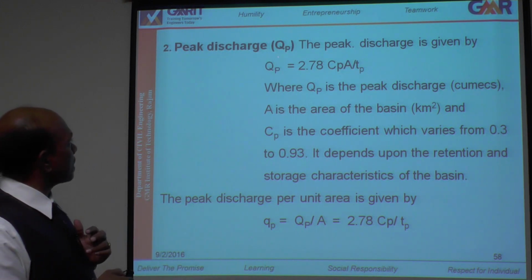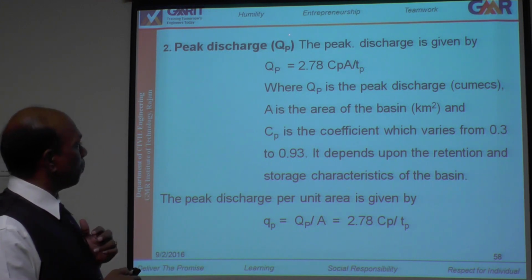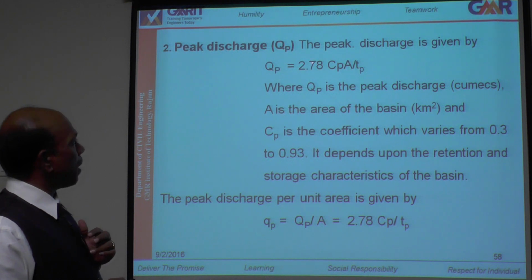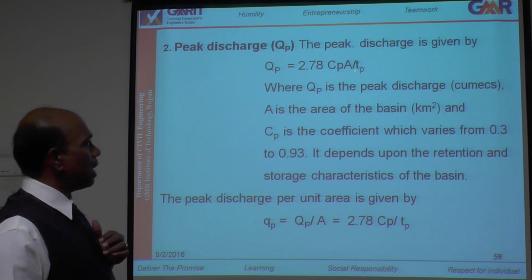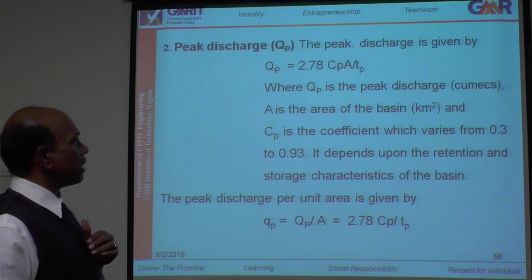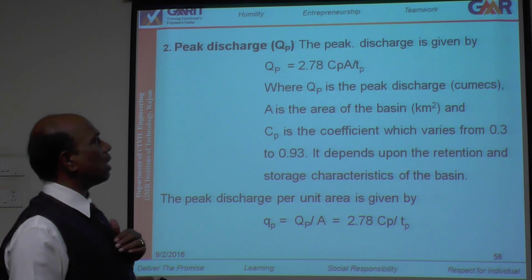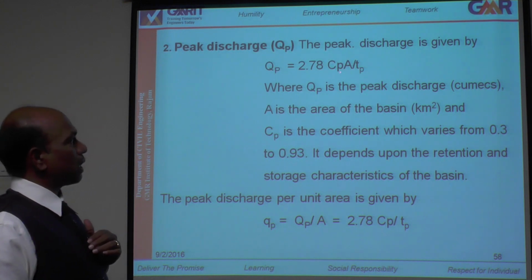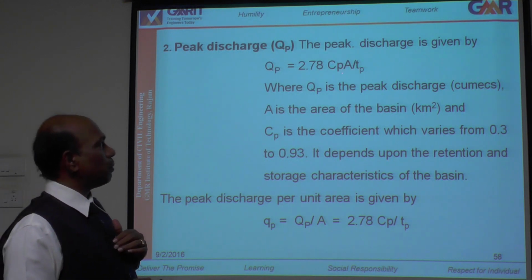Peak discharge is denoted by Qp. Qp = 2.78 Cp A / Tp. Here Tp is the basin lag, A is the catchment area in square kilometers, and Cp is a parameter that also depends upon the characteristics of the drainage basin and varies from place to place.